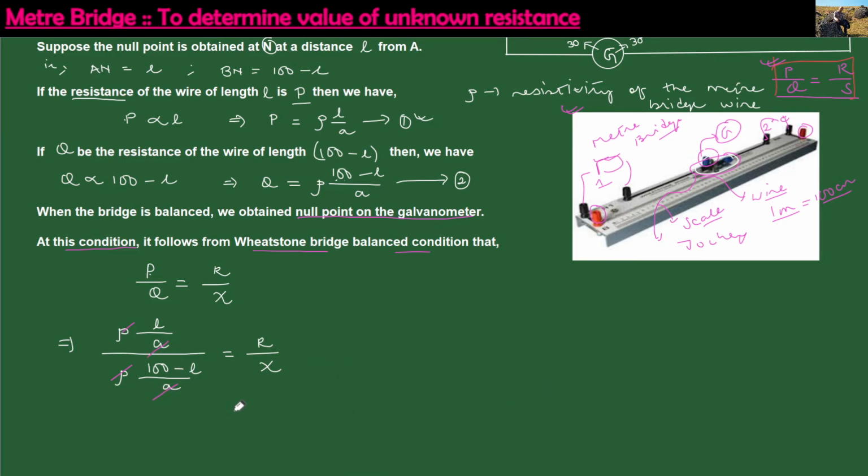So the final expression will be L divided by (100 minus L), equal to R divided by X.